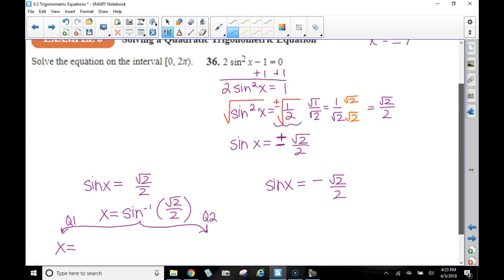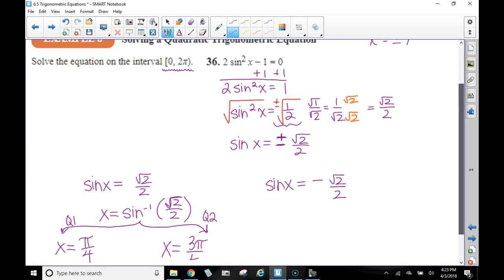So, in quadrant 1, the angle that has a sine value of square root of 2 over 2 is going to be 45 degrees or pi over 4 radians. And again, we don't have to put the plus 2 pi on there because of the directions in this problem. In quadrant 2, the angle that has a sine value of square root of 2 over 2 is 3 pi over 4.